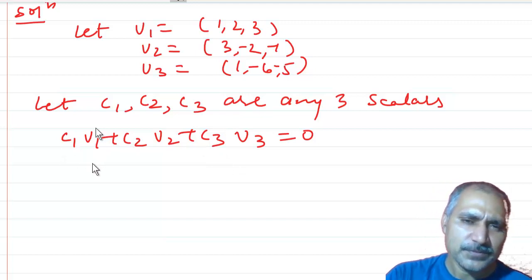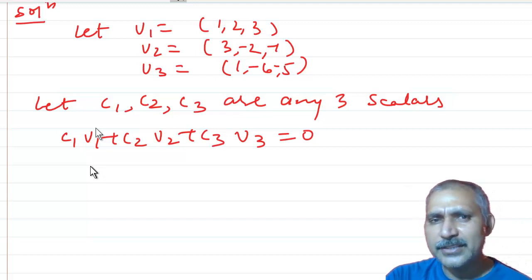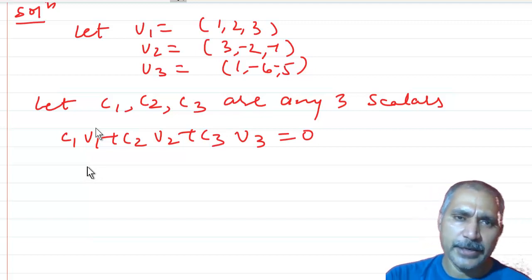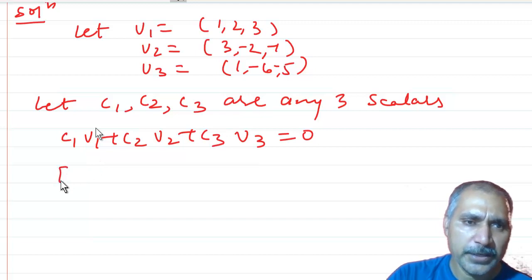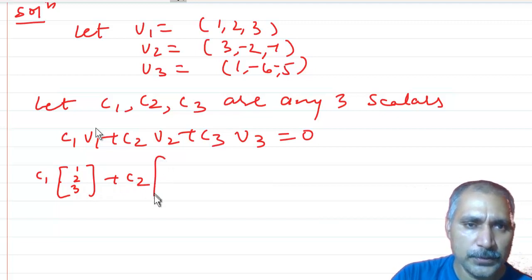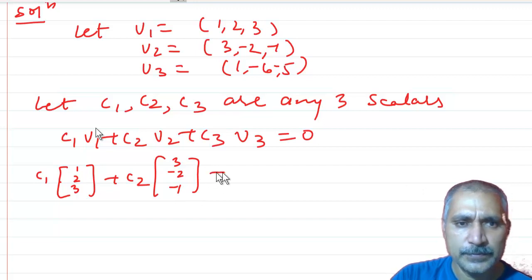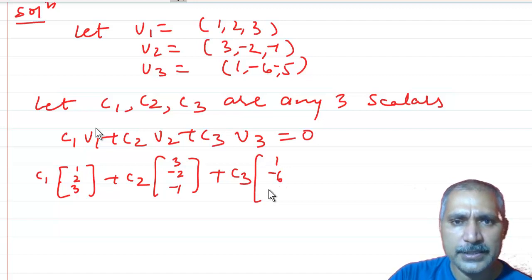Now, in place of doing the full procedure, we will use the concept of rank here to check whether the vectors are linearly independent or dependent. So we will convert this into matrix form. C1 into the first vector 1, 2 and 3 plus C2 into the second vector 3, minus 2 and minus 1 plus C3 into the third vector 1, minus 6, minus 5 is equal to the 0 vector in column format.